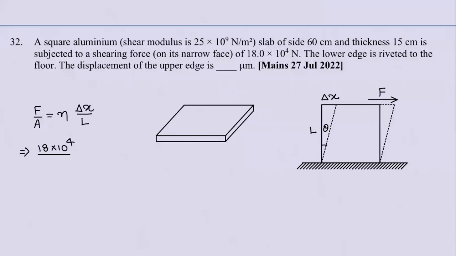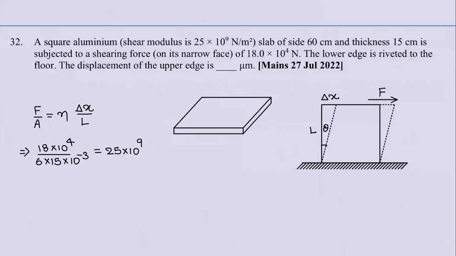Thickness is 15 centimeter, so 15 into 10 power minus 2. So 10 power minus 3 in total. This is equal to eta, which is 25 into 10 power 9, into delta x by L. What is L? Length. Wait a minute, this length is nothing but again 60 centimeter, right?